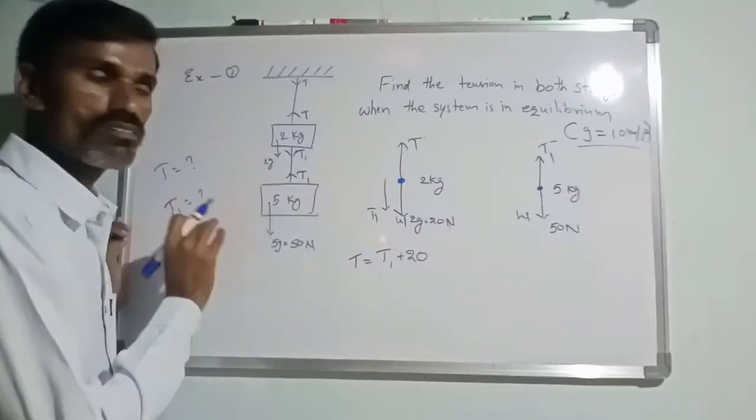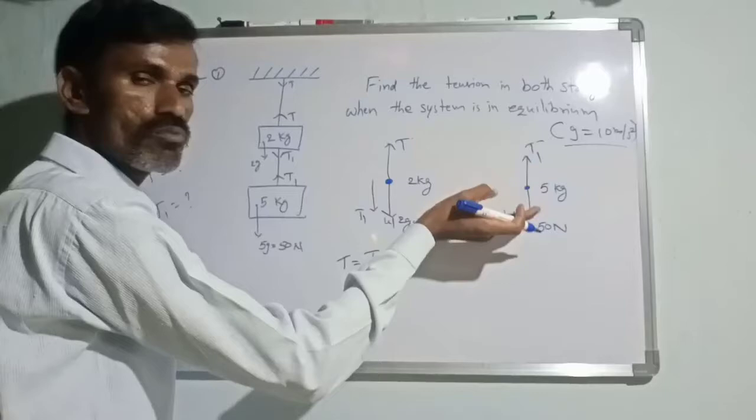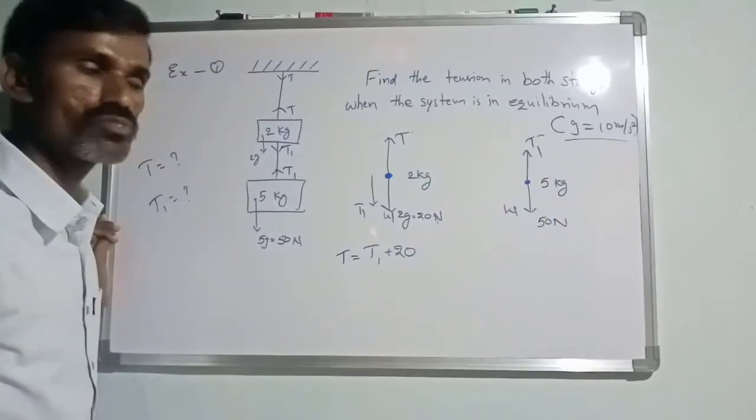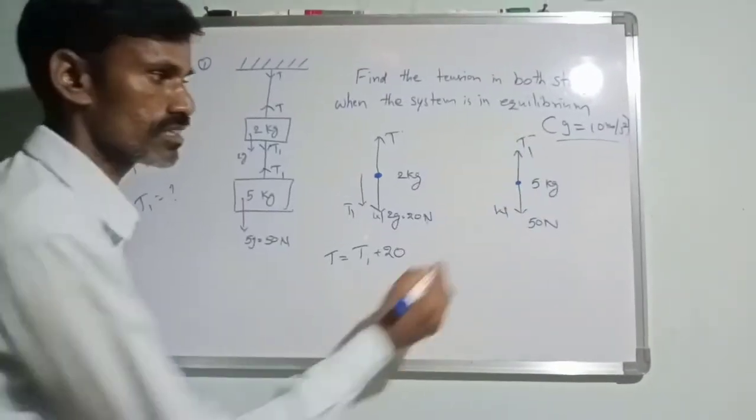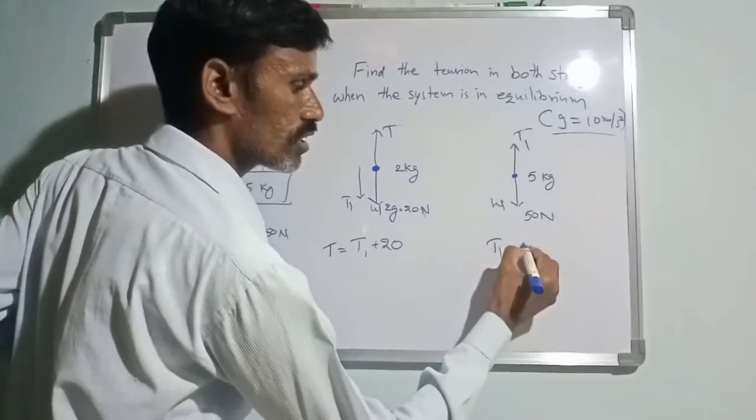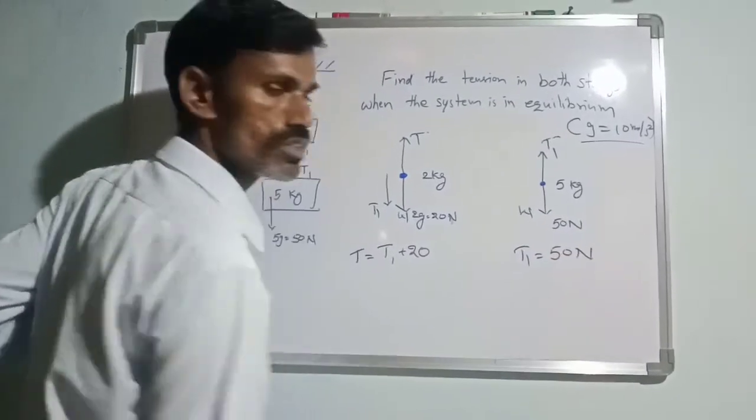This system is also in equilibrium. That's why the forces acting in upward direction are equal to the forces acting in downward direction. That's why T1 is equal to 50 newtons.